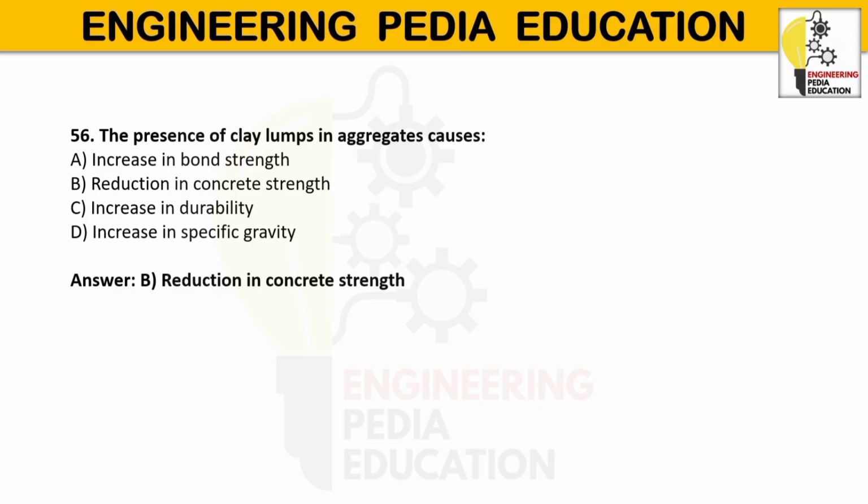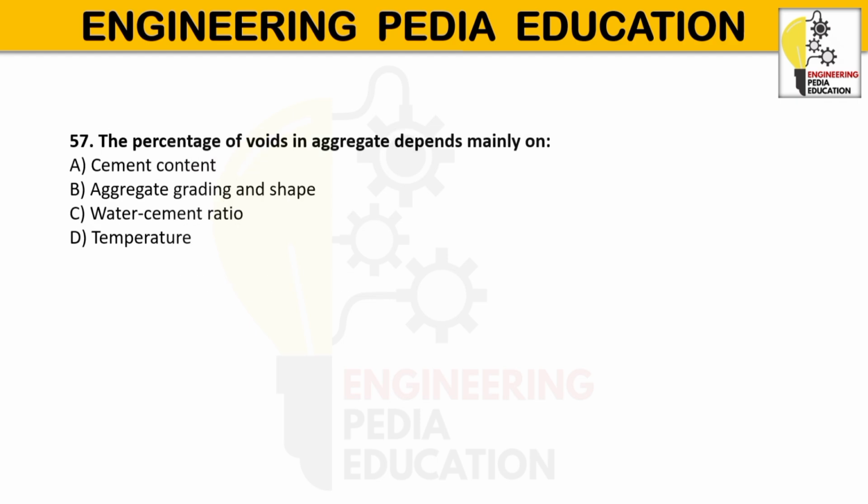The percentage of voids in aggregate depends mainly on cement content, aggregate grading and shape, water cement ratio, temperature. The correct option is aggregate grading and shape. Percentage of void in aggregate depends mainly on aggregate grading and shape.